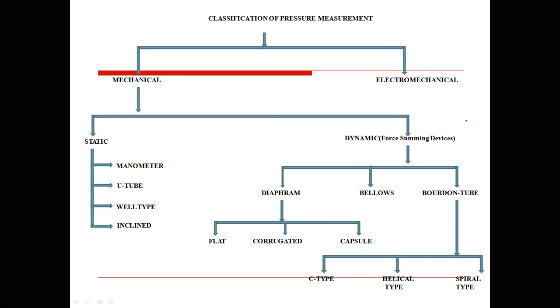Third one is the Bourdon tube, which is further classified as C-type Bourdon tube, then helical or spiral type of Bourdon tube. And the general structure of the Bourdon tube is very simple. So here, C-type I will draw. Okay. So C-type Bourdon tube. In this one, what happened?